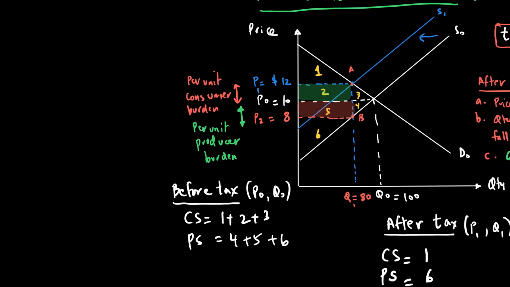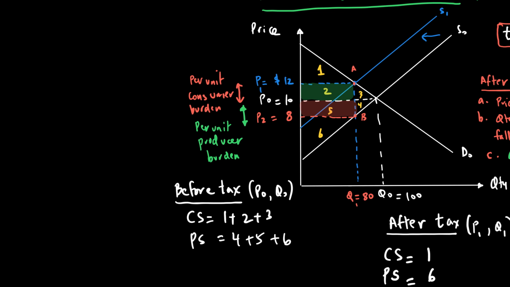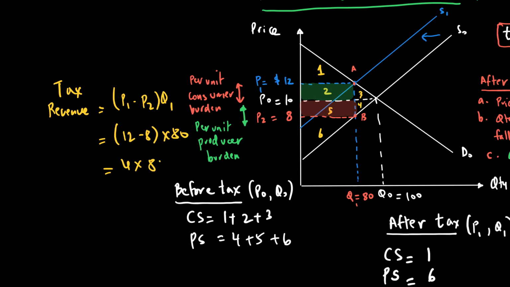Sometimes they ask you how much is the amount the consumer is paying, or how much is the amount the producer is paying, or what is the total tax liability. So the total tax liability you can find out as well. The total tax revenue for the government will be P1 minus P2, as we said, times Q1, which is 12 minus 8, the vertical distance, which is $4 of tax, times 80, or 4 times 80, which is equal to 320.